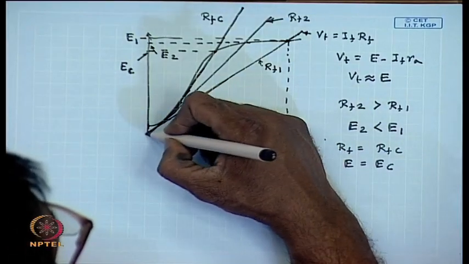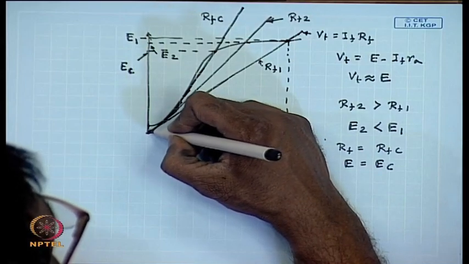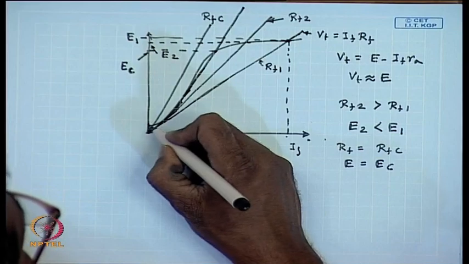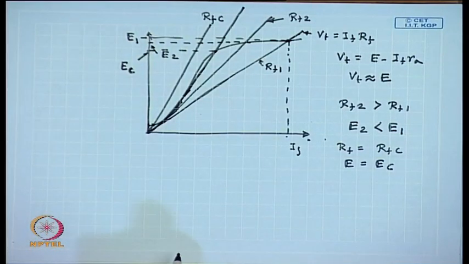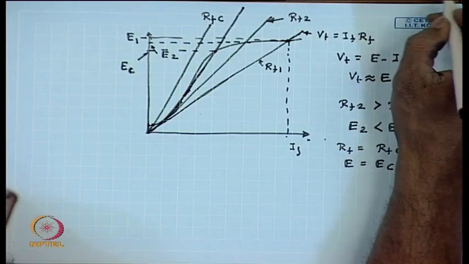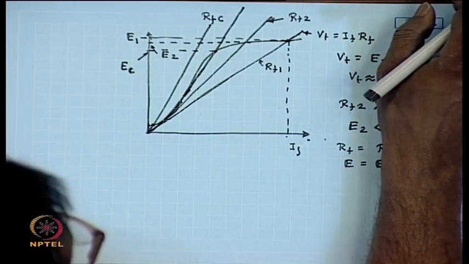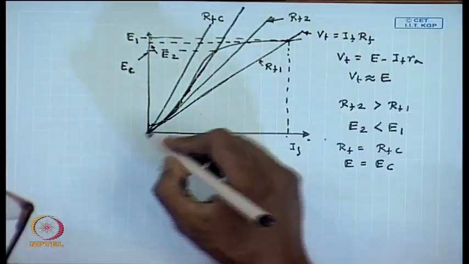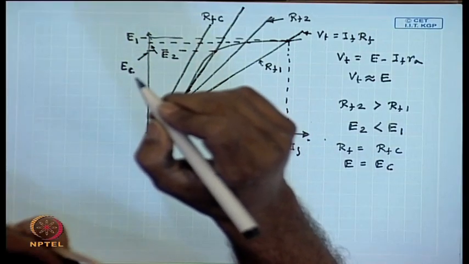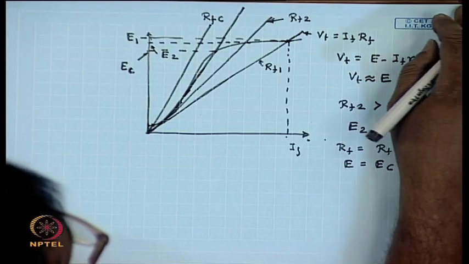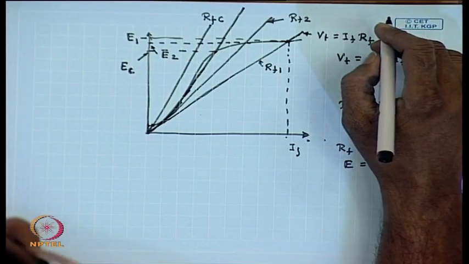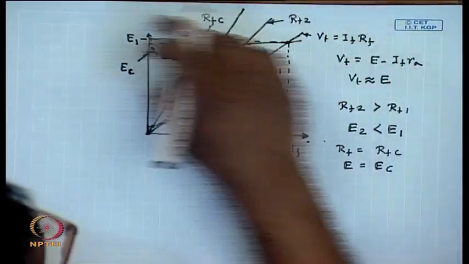Clearly, if the field resistance is anything more than R c, then the induced voltage will drastically drop. There will be almost no induced voltage at no load, and in which case it will be called that the machine fails to excite.